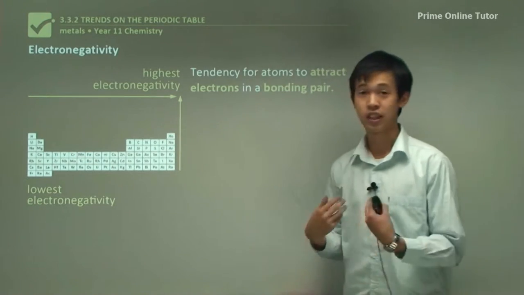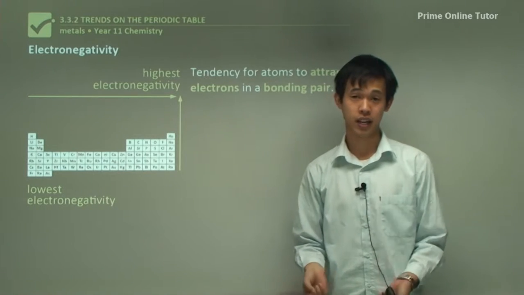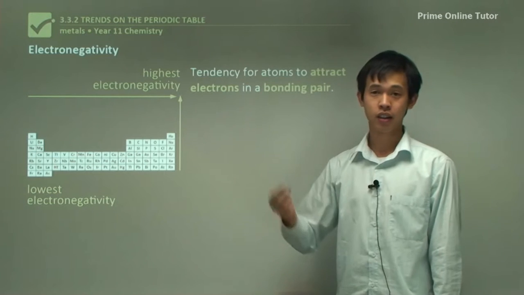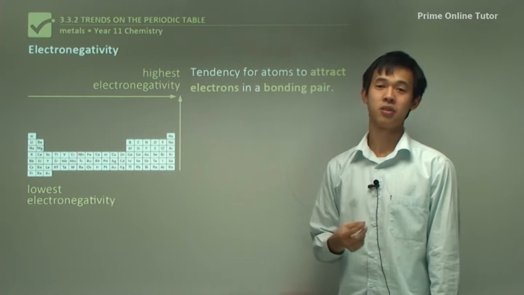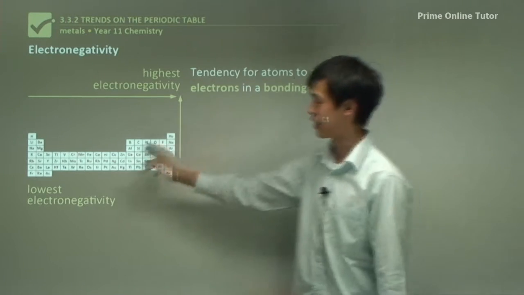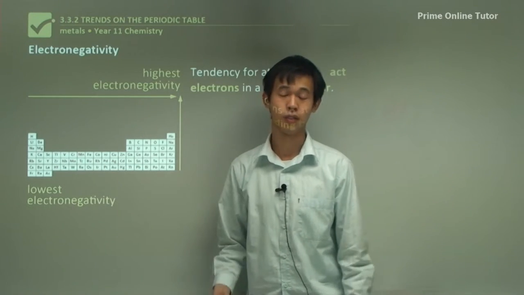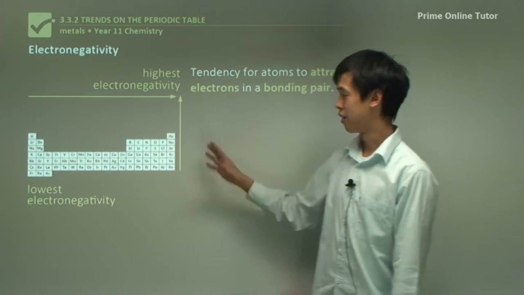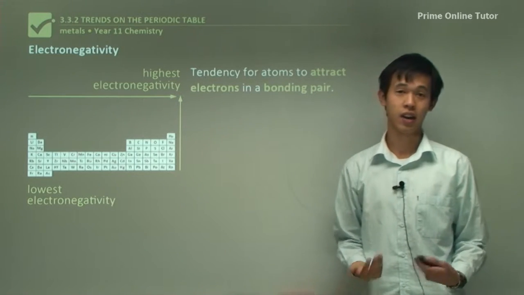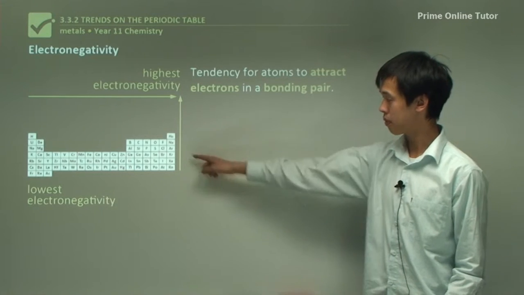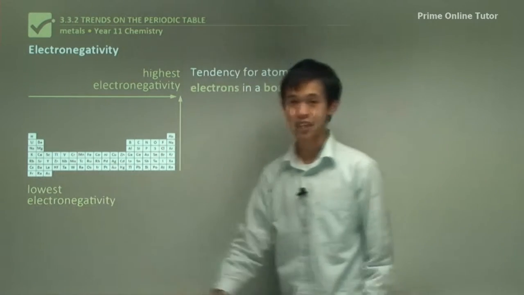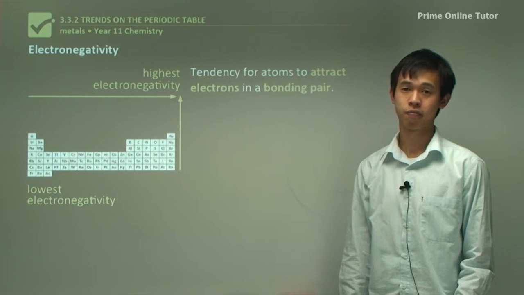They always want to give it away because it's easy for them to then get stability. So their ability to hold on to electrons in a bonding pair is very, very low, so their electronegativity must be very small. That trend follows what we can see when we talk about ionic bonding and things like that. So most electronegative is F, and all the way down here at francium, least electronegative. Okay?